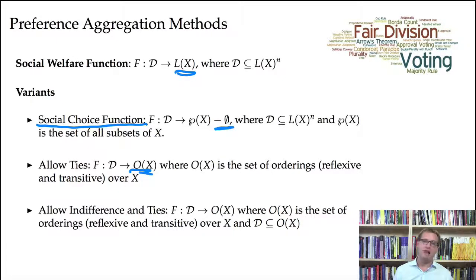We could also allow our voters to submit ties or allow our voters to be indifferent between the candidates. So our group decision-making method F would be a function from D to O of X, where D now is a subset of O of X to the N, the set of profiles of reflexive and transitive orderings over the set of candidates.